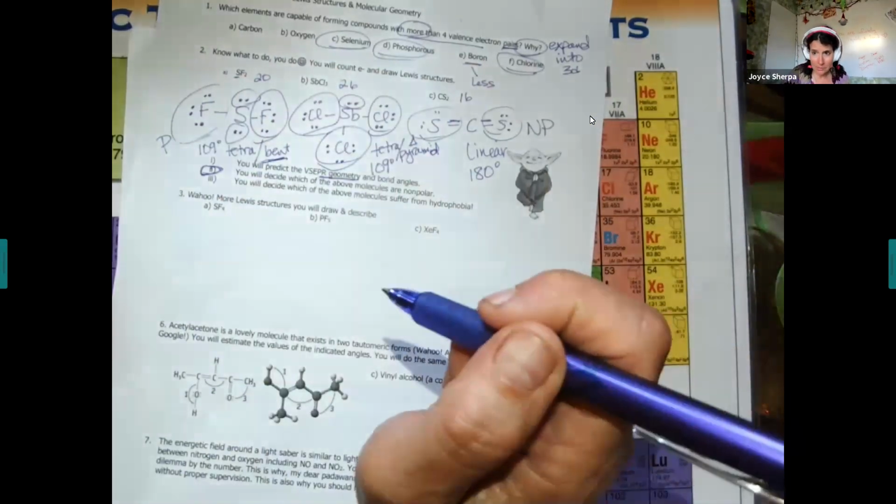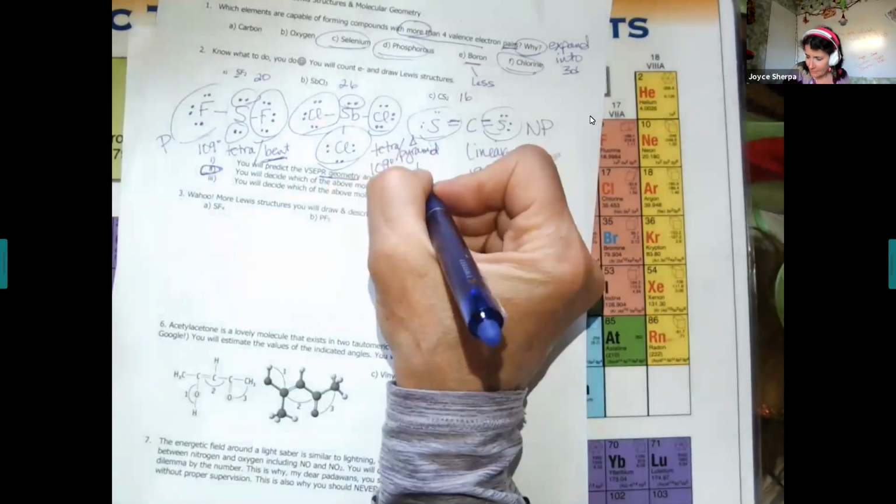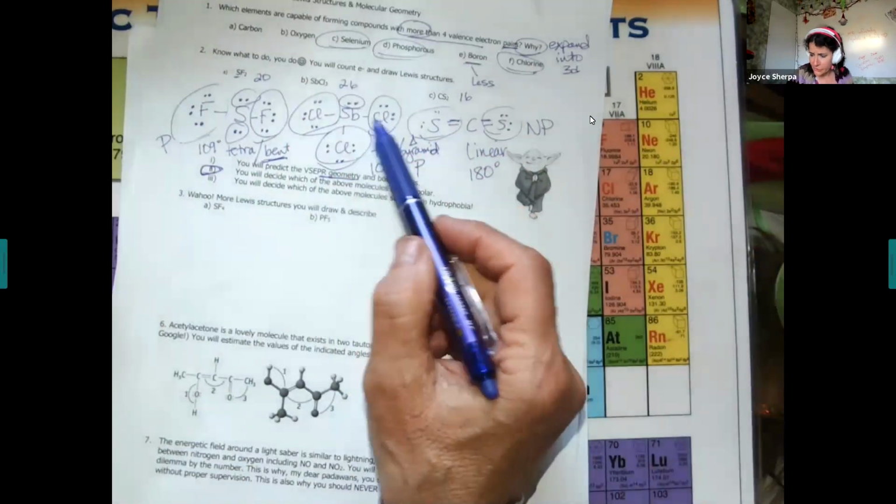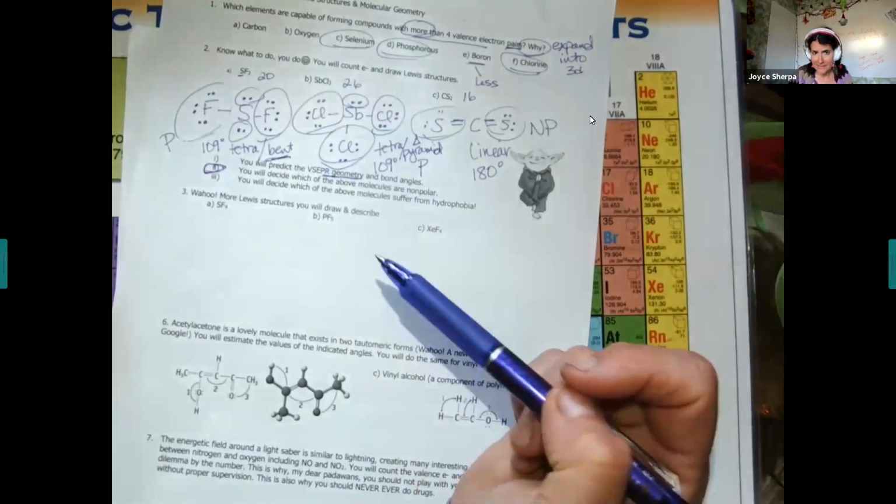These other 2 are polar. Bents are pretty much going to be polar, and pyramids are going to be polar. The only way they would not be is if there's no pulling happening from the center, if they all are the same. We saw that with the ozone.